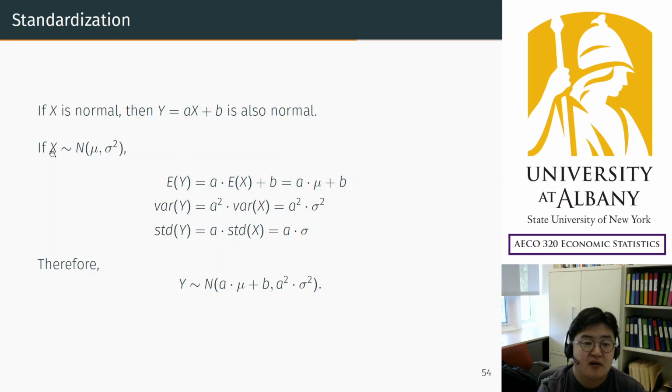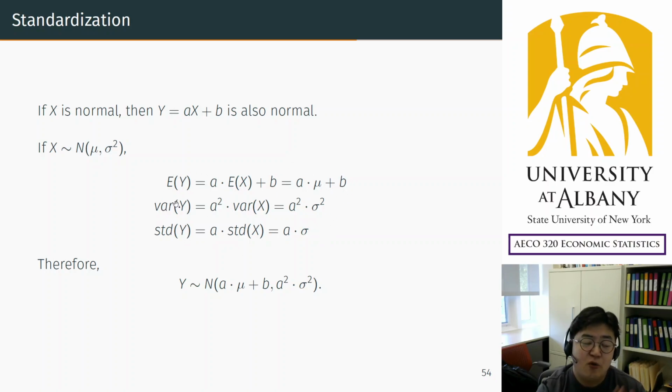Then, if you take a linear transformation of that, like this, then y follows another normal distribution, right? This is the property of a normal distribution, and the mean and the variance parameters are given by these properties.